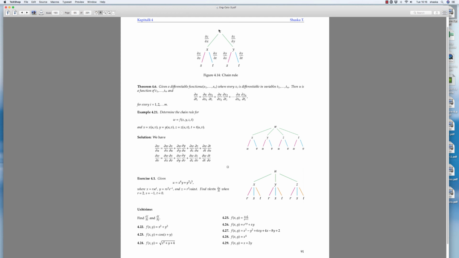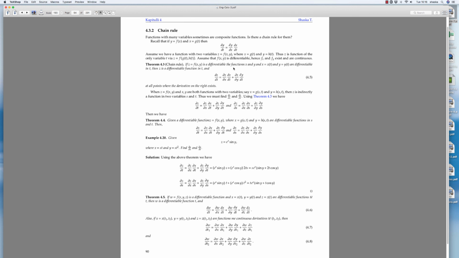Now to actually find the partial derivative with respect to s, here is what you do. You start here and you follow these routes, these edges, which take you at the very bottom to the variable s. So look at the second part of this theorem. The partial with respect to s is given by the partial of z with respect to x times the partial of x with respect to s.